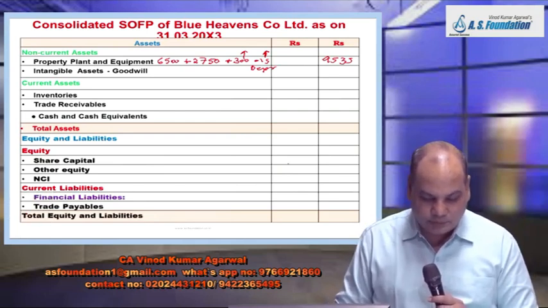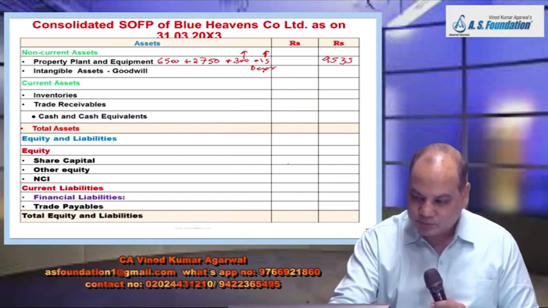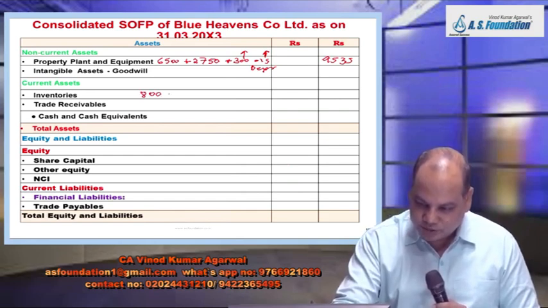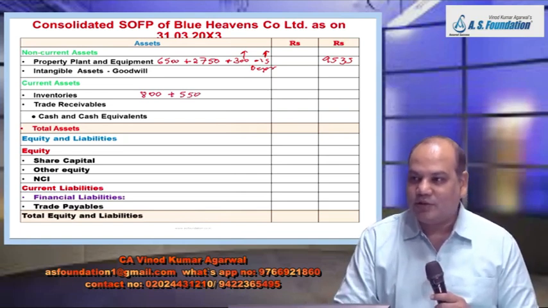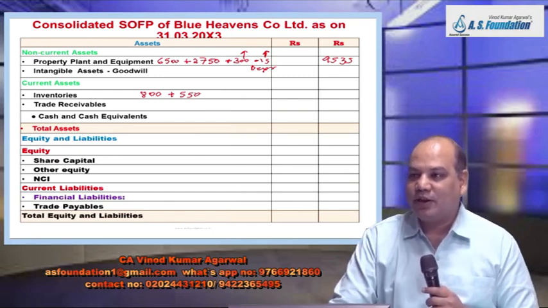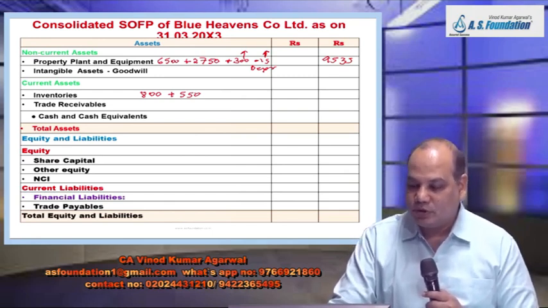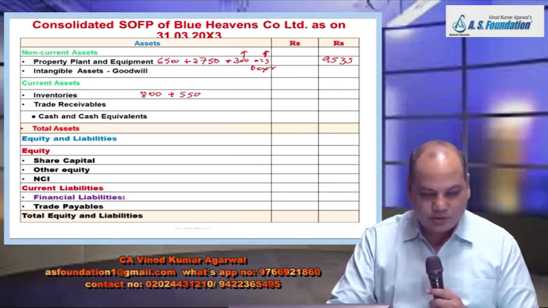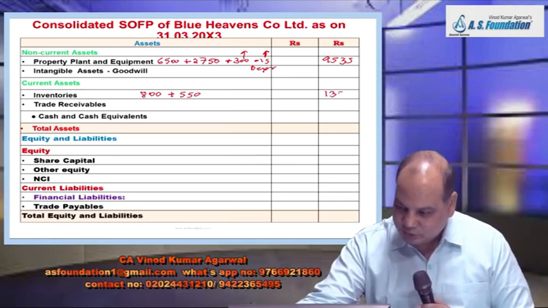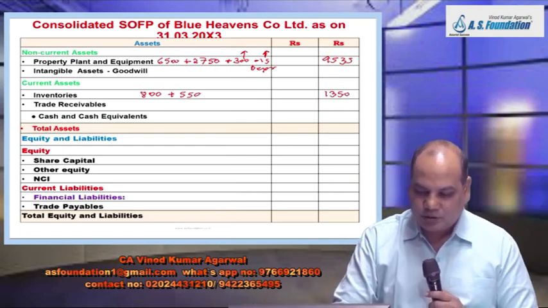Opening inventory, parent company is how much? Subsidiary company 550. Do you need to make adjustment for increase in opening inventory that has been sold? So that will adjust in the profit and loss. So how much is this? 1350.